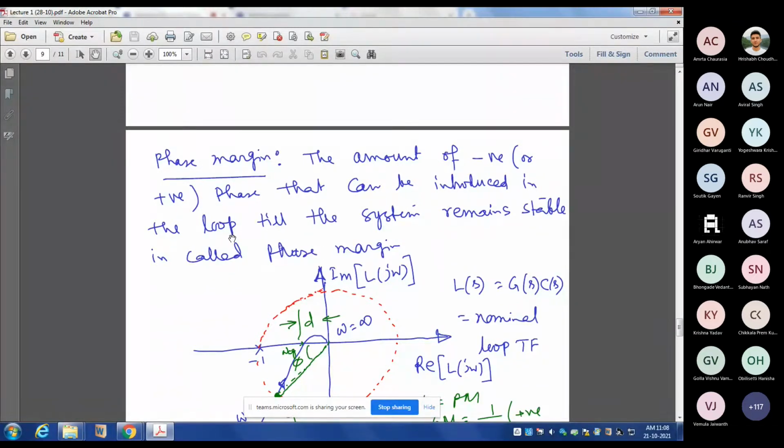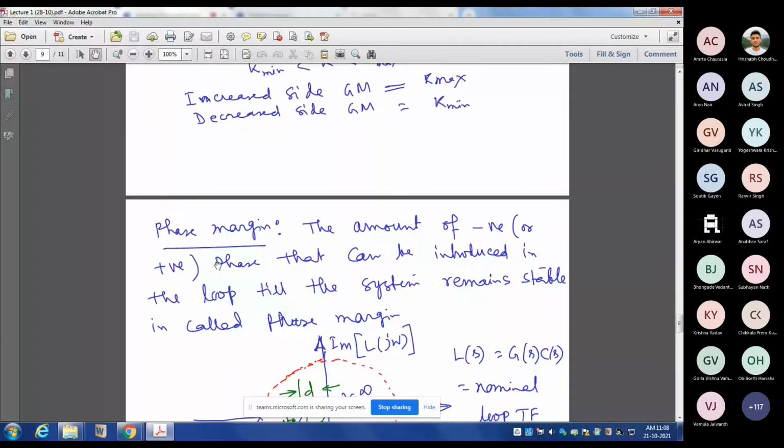Now the question is whether the concepts of positive gain margin, positive phase margin, negative phase margin, or increased side phase margin, upper phase margin, lower phase margin exist or not. That I will come to slowly. So this is the concept of phase margin. Here again, all these properties, phase margin and gain margin, we have to state with respect to a loop. The amount of negative or positive phase that can be added into the loop till the system remains stable is called phase margin.